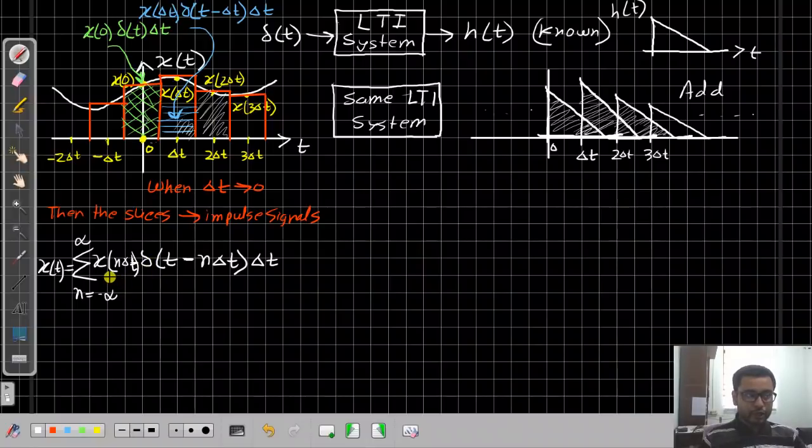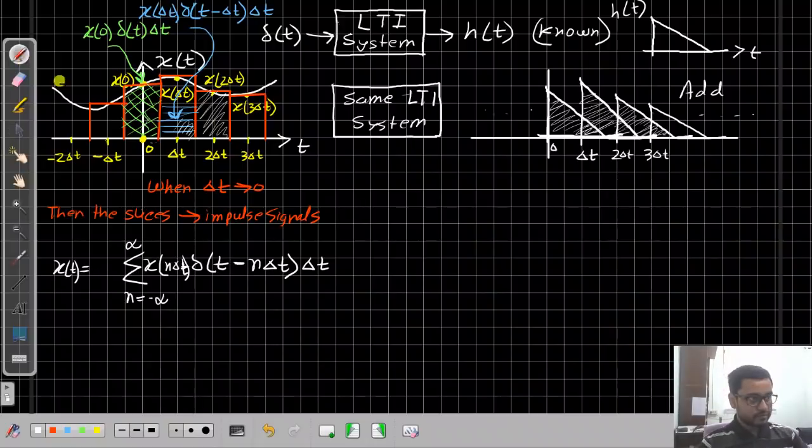Now let us do the same thing mathematically. Look, the input is a sum of these impulse functions. So we have delta t as one component of the input. For that, the output will be h of t, but not h of t, because of this minus n delta t, this delay, the corresponding output will also get delayed.